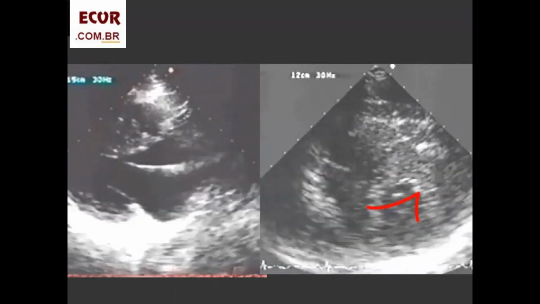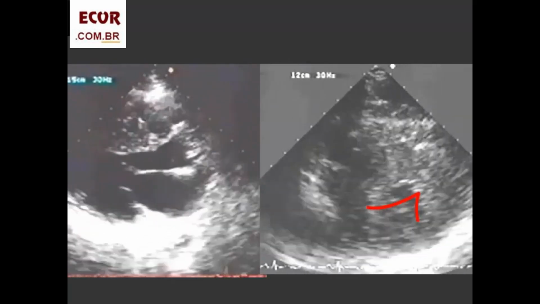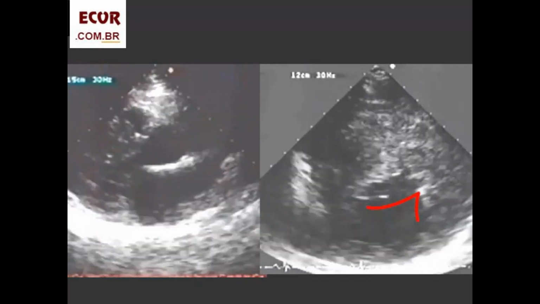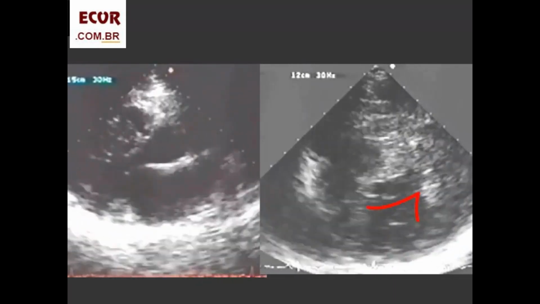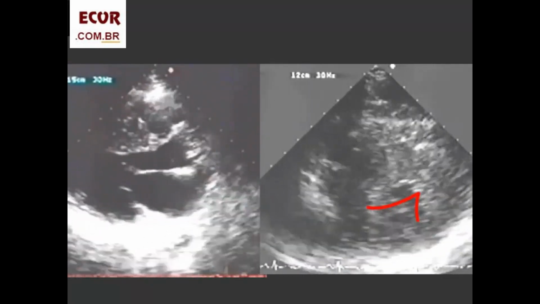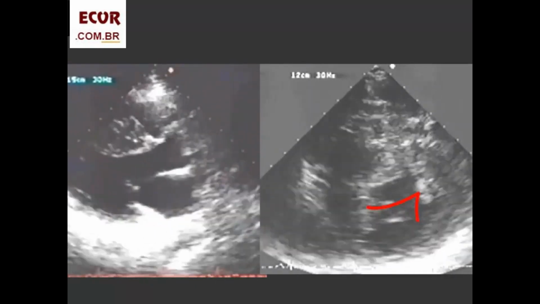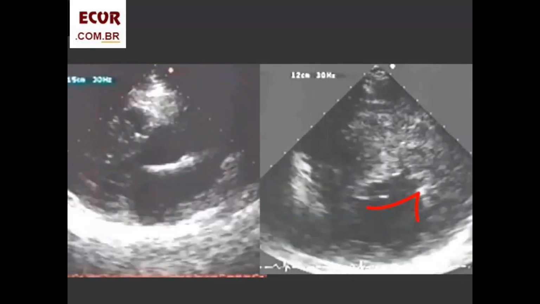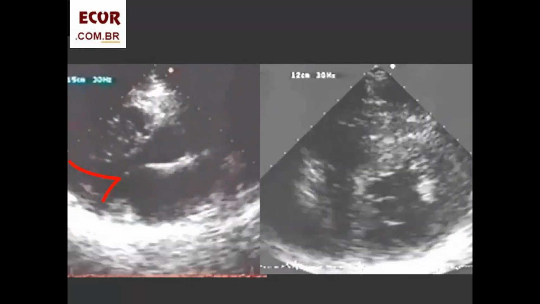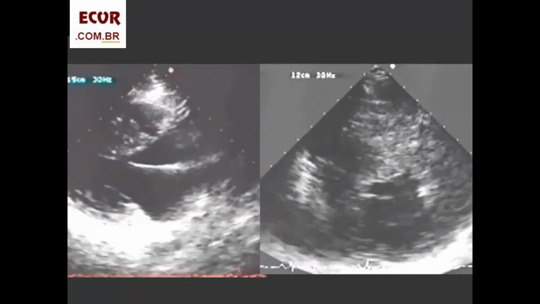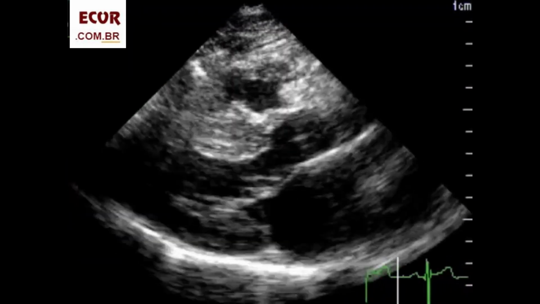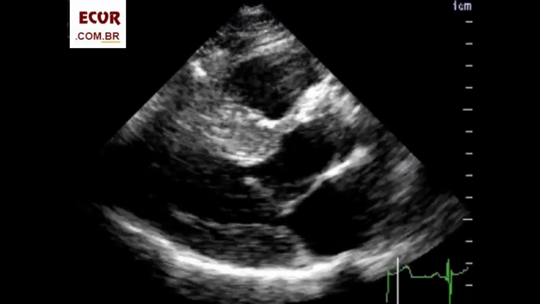There is also an abnormal position of the anterolateral papillary muscle, which seems to be dislodged anteriorly to a 1 or 2 o'clock position instead of its normal setting at 4 or 5 o'clock. The mitral valve is also angling its tips toward the left ventricular outflow tract. Let's see these features with more details.